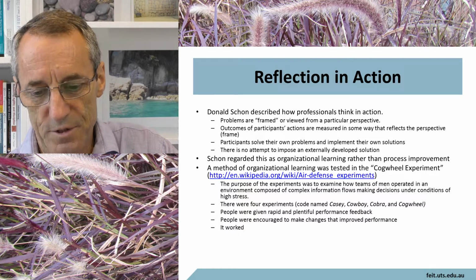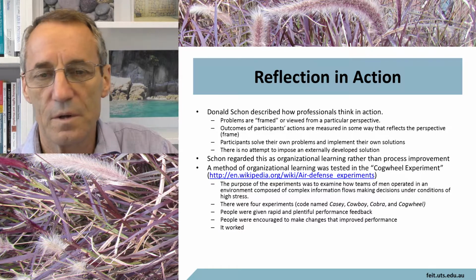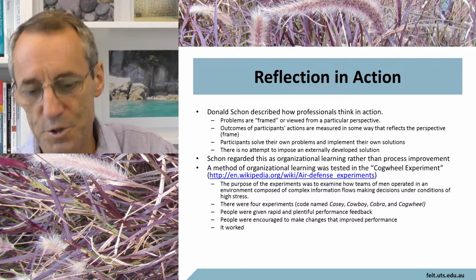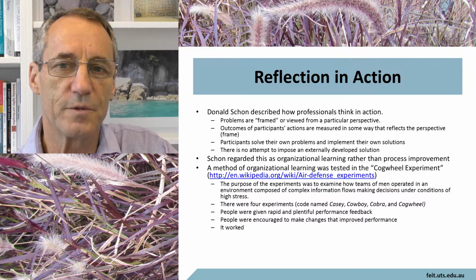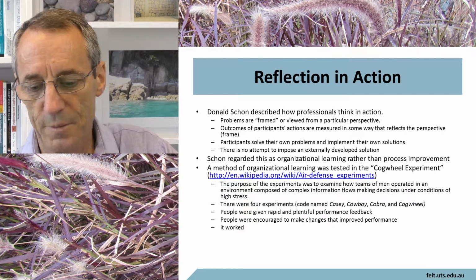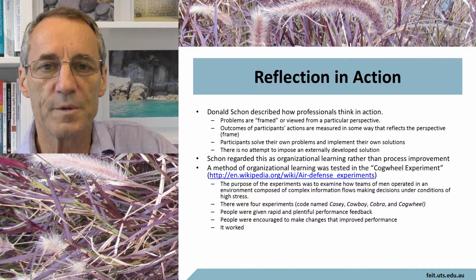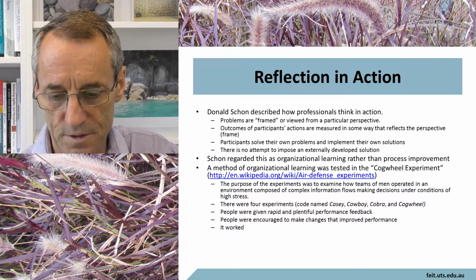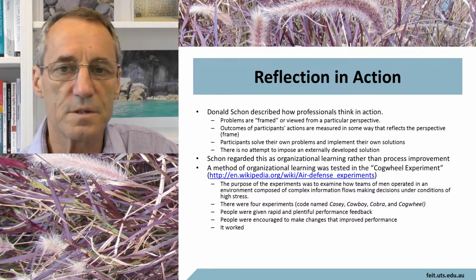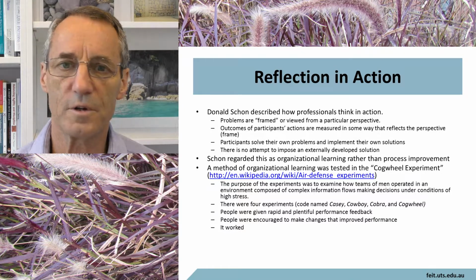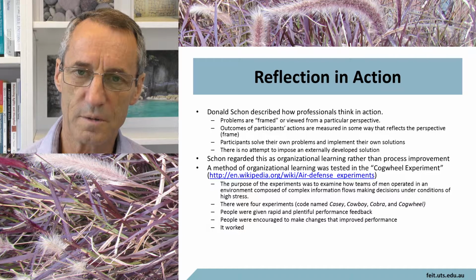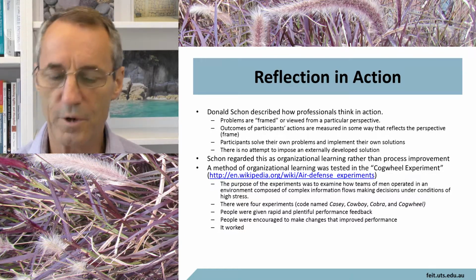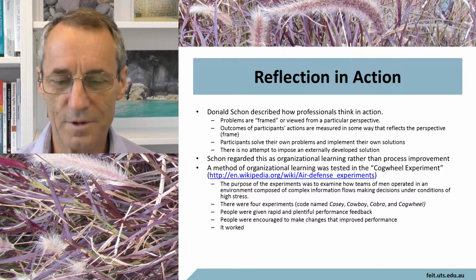The method of organizational learning was tested in a fairly well-documented experiment called the Cogwheel experiment. The purpose of the experiment was to examine how teams of men operating in an environment composed of complex information flows make decisions under conditions of high stress. Now, this was aimed, I think, at air traffic control, and particularly military air traffic control. There were 4 experiments. They were codenamed Casey, Cowboy, Cobra, and Cogwheel.